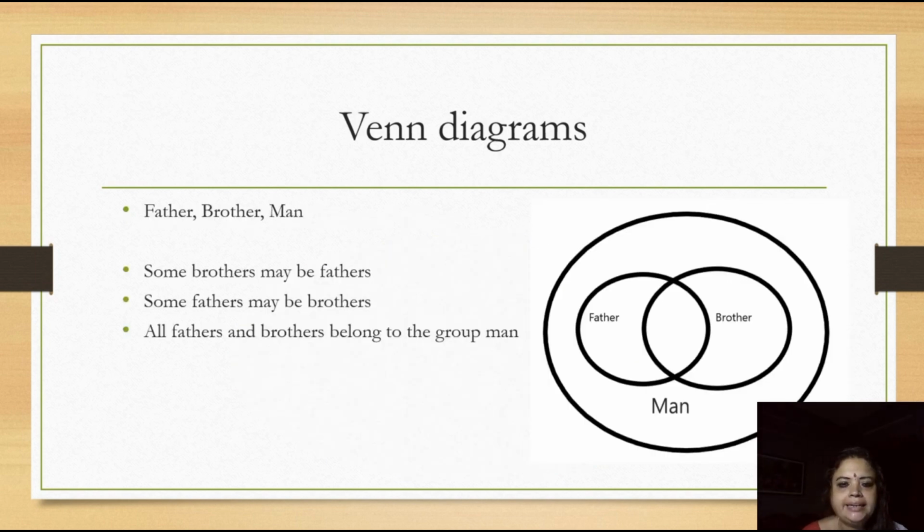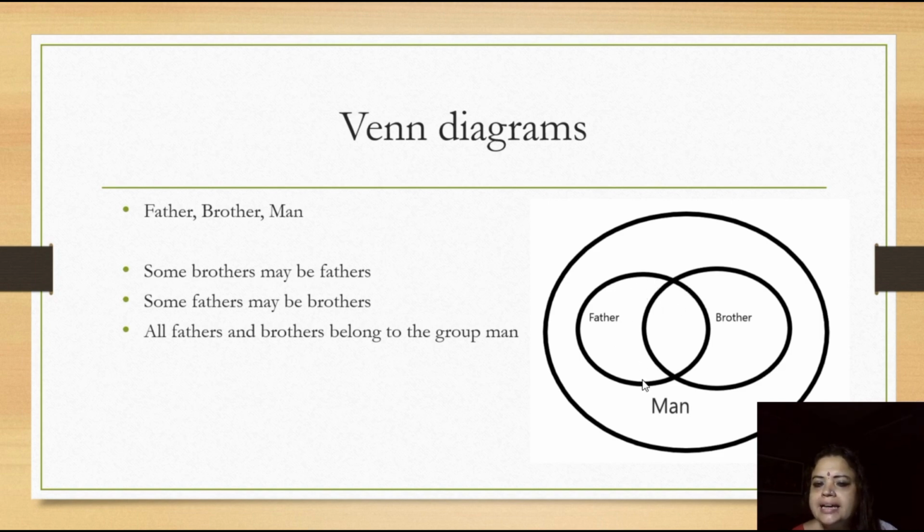Now let us see another important relationship here. Father, brother and man. If we have such a statement, we can make it more clear by means of some statements. Some brothers may be fathers. So you have a group brother and some of them may be fathers.